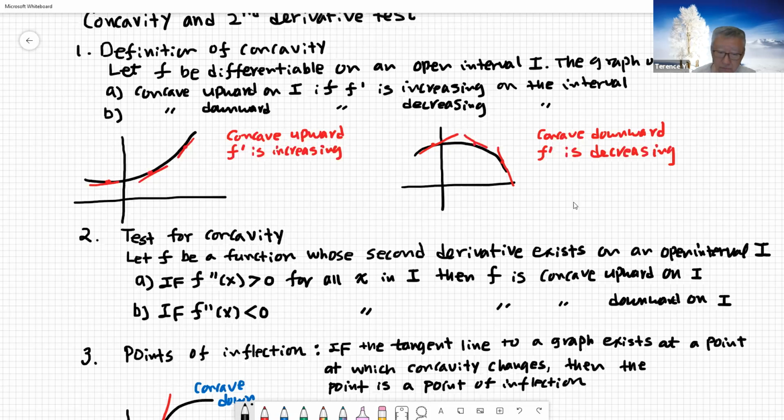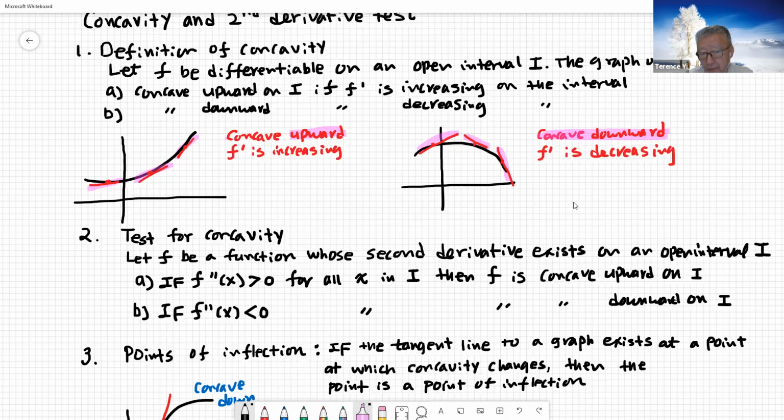If you look at the graph over here, you can see that the slope of the tangent line is increasing, so we know it's going to be concave upward. On the other hand, if the tangent line slopes are decreasing, then it's going to be concave downward.